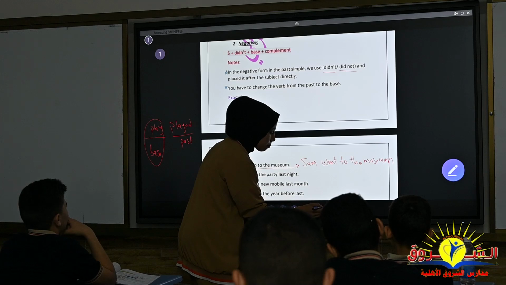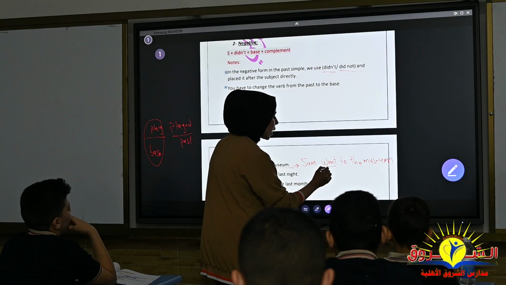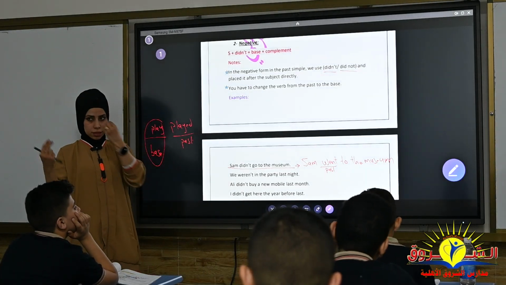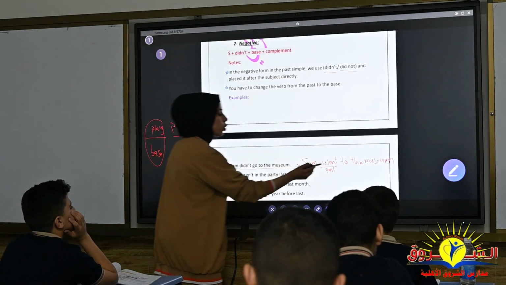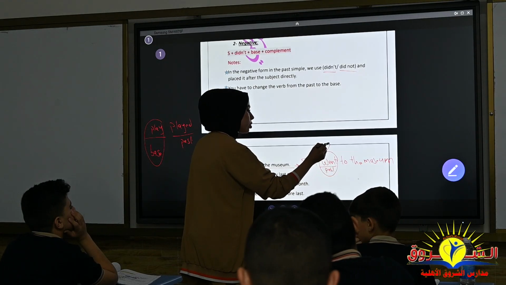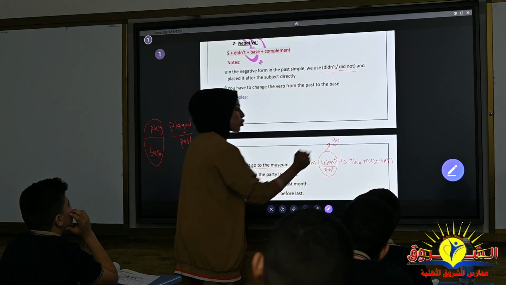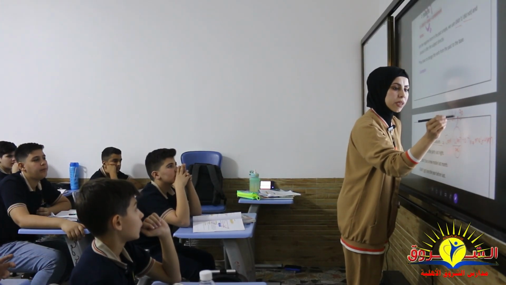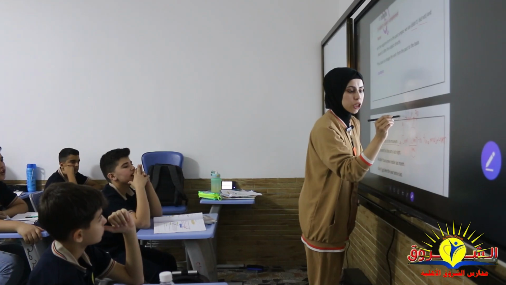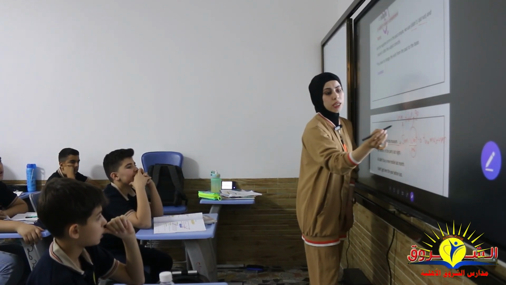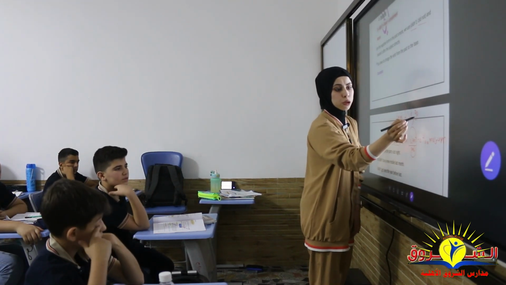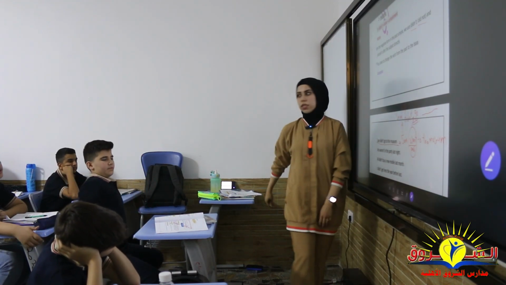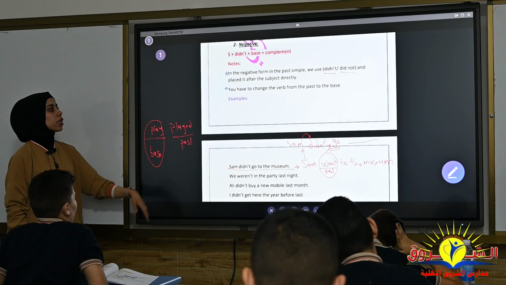The verb here in the past simple, okay? Past simple, and it is a regular verb. If you want to make it negative form, you have to take the verb and return it to the base, which is go, and add didn't before it. So it will be Sam, which is the subject, and then place didn't after it directly, and change the verb in the past simple to the base, which is go, the base form of went, go, and then the complement of the sentence. Okay?